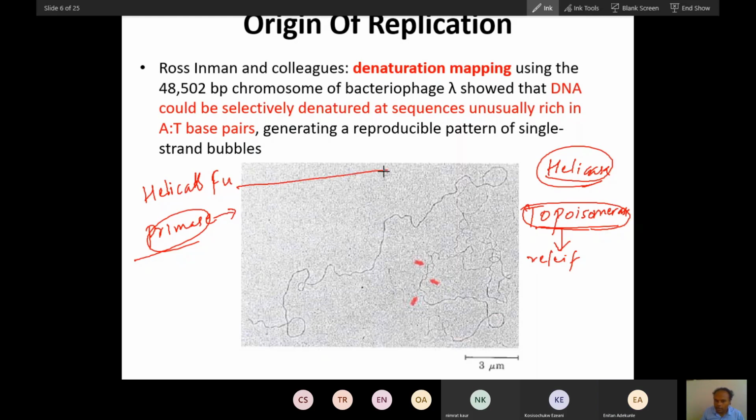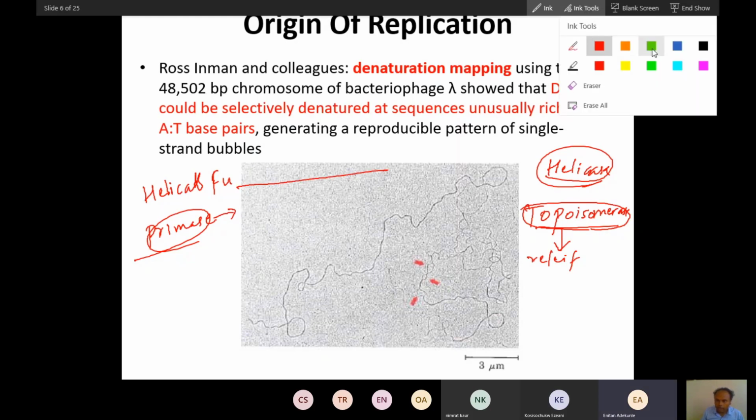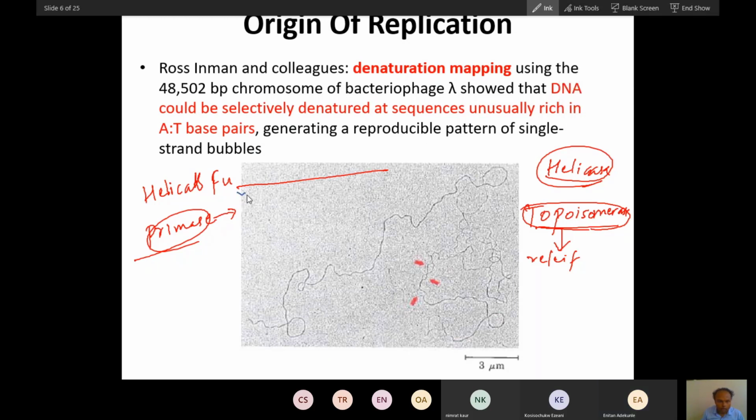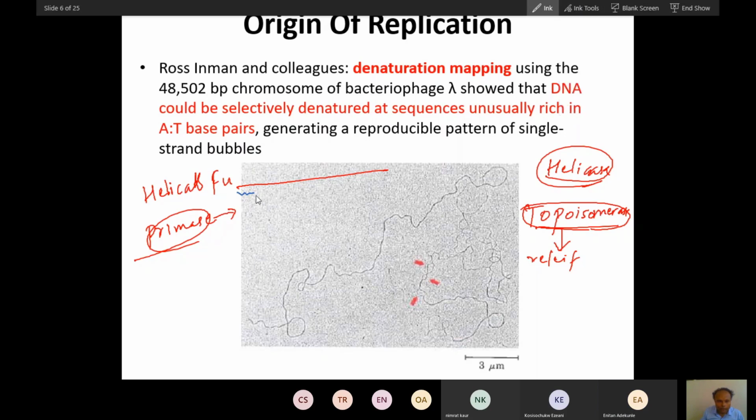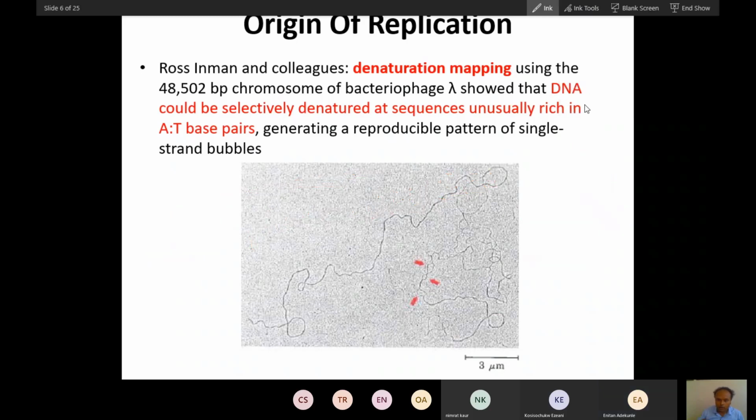Primase synthesizes an RNA strand, and then on this RNA strand DNA synthesis will happen. Did you get this? Primase synthesizes the primer. Primer is an RNA strand. Remember this.